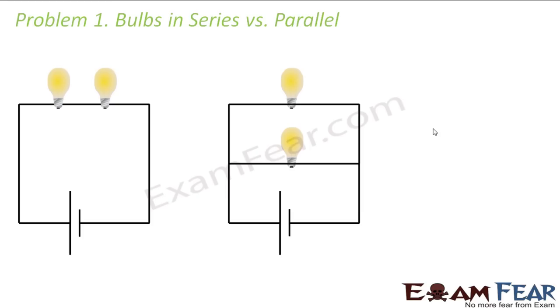Yes, you do. The bulbs arranged in the parallel circuit are brighter than the bulbs arranged in the series circuit. Why is it so? When bulbs are arranged in series, they become dimmer as compared to bulbs arranged in parallel combination. So why does this happen? That is because the brightness of a bulb is basically determined by the power of the circuit.